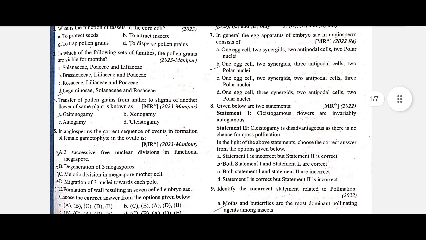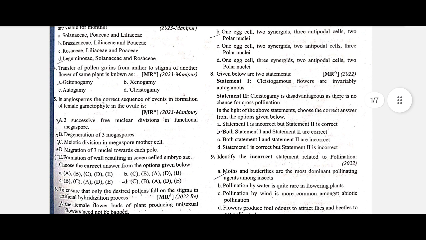Question number 4. Transfer of pollen grain from anther to stigma of another flower of the same plant is known as? The answer is Geitonogamy. In angiosperms, the correct sequence of events in formation of the female gametophyte in the ovule is? Option number D is correct.